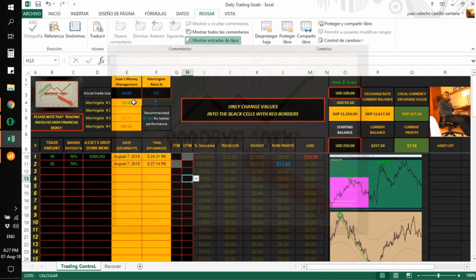So if you place a $10 and you lose it, our next step is 25, and so on. Hopefully we don't want to reach up until level 3 or 4, but if you follow all the rules, you have nothing to worry about. It's barely we will reach this step number 2.